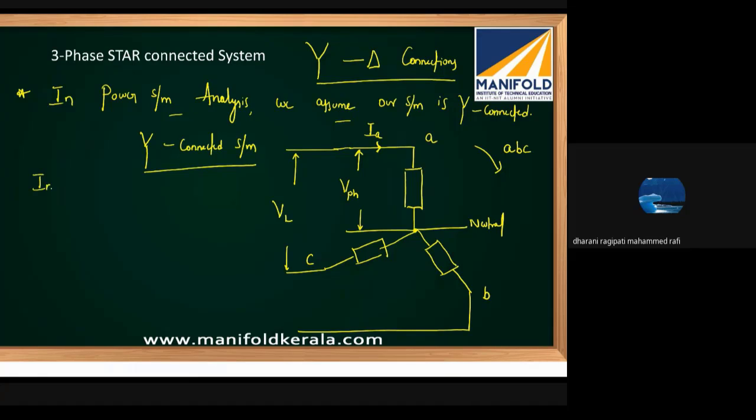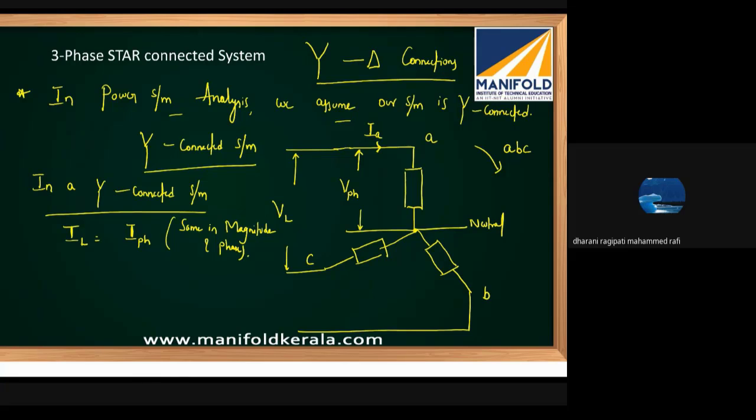So in a star connected system, the line current is same as phase current. Both are same in magnitude and phase.